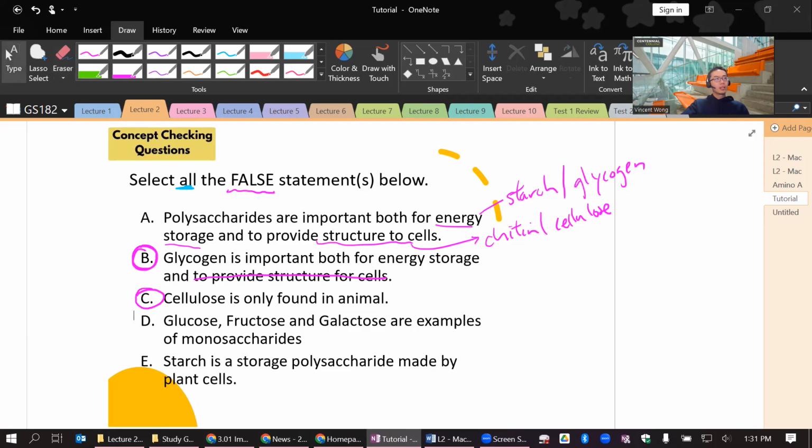No, just I said in the chat, it's false. Oh, yeah. Okay, thank you. Glucose, fructose, and galactose are examples of monosaccharides. That's true. We listed it out in the table, right? So that's not the answer. And finally, starch is a storage polysaccharide made by plant cells. That is also correct. So the ones that you should be choosing would be B and C. Those are the false ones.